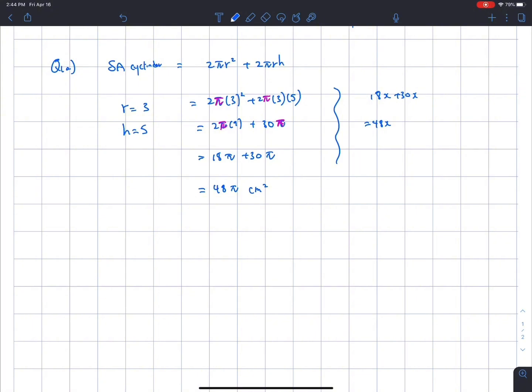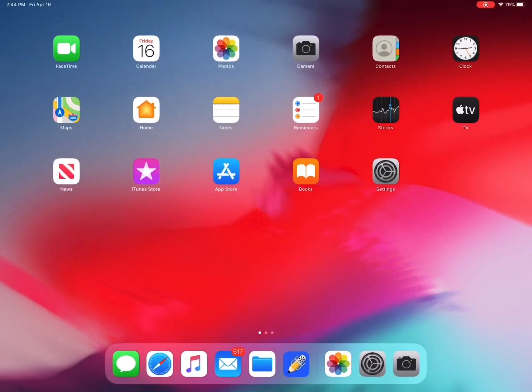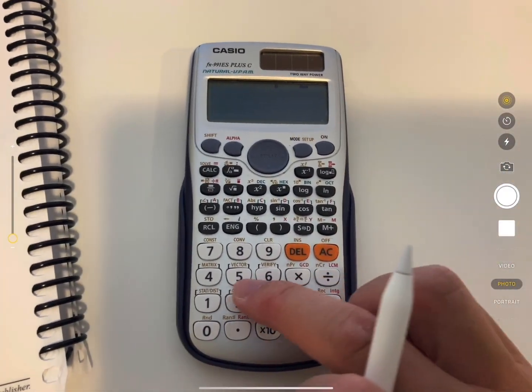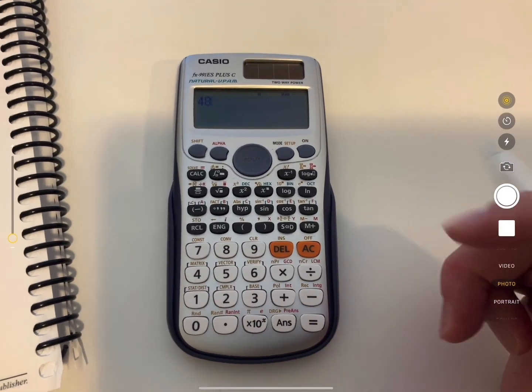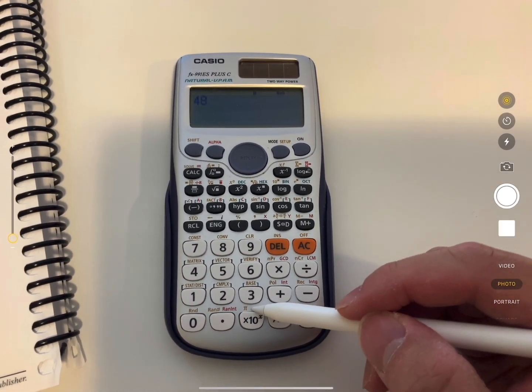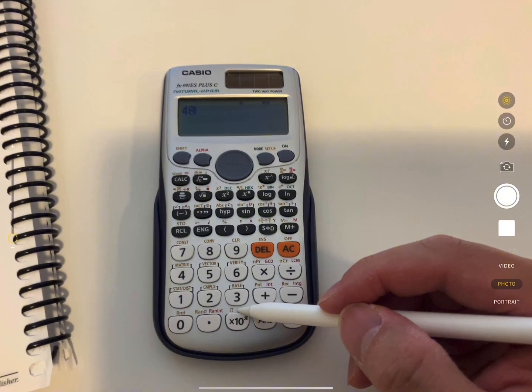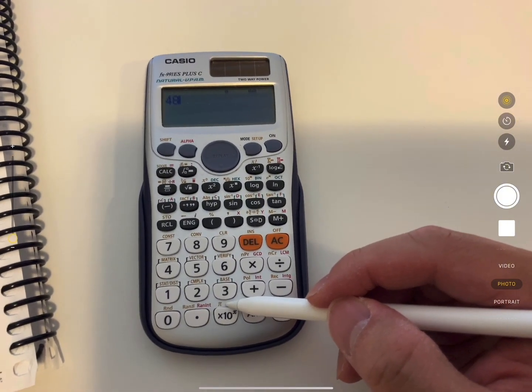They also want the answer in 2 decimal places. So now we can just type this into the calculator. Okay, I'll show you how you can type this into the calculator. It's just 48 pi. So 48. The pi button is right here. This is also the calculator that I want you to get for math 8, 9, and 10.